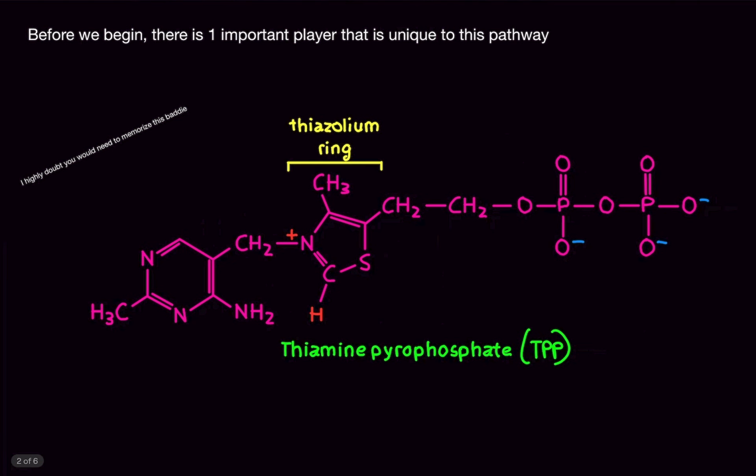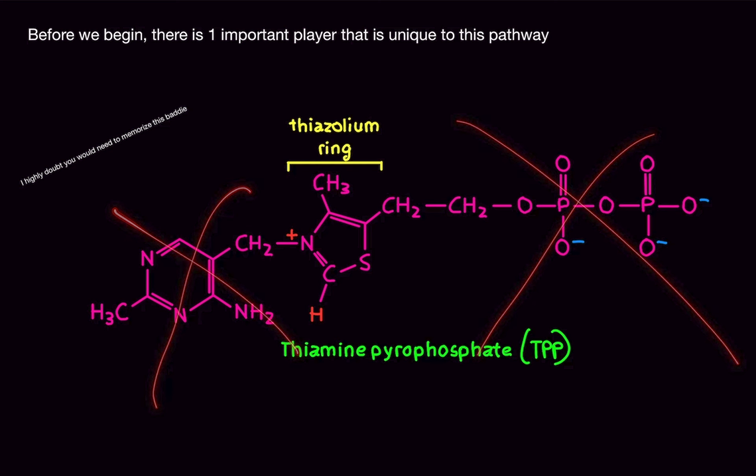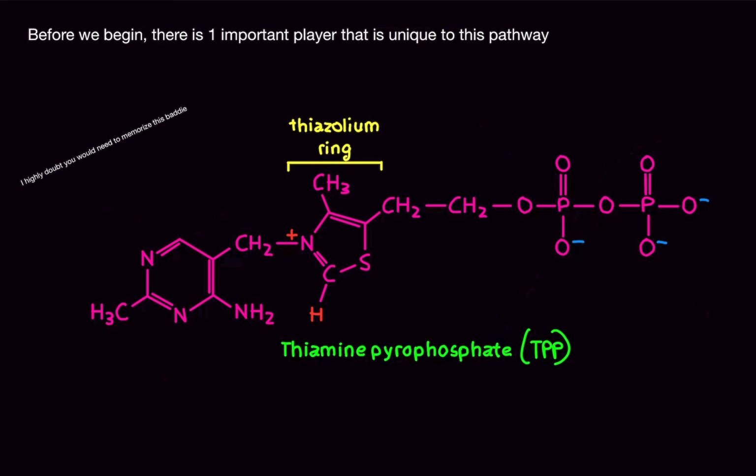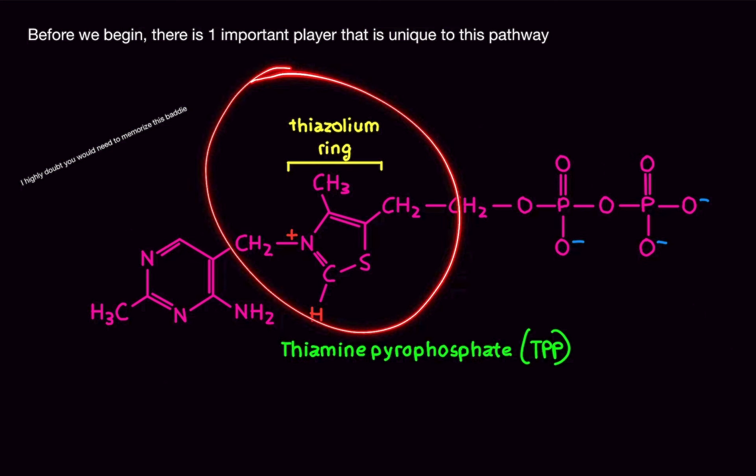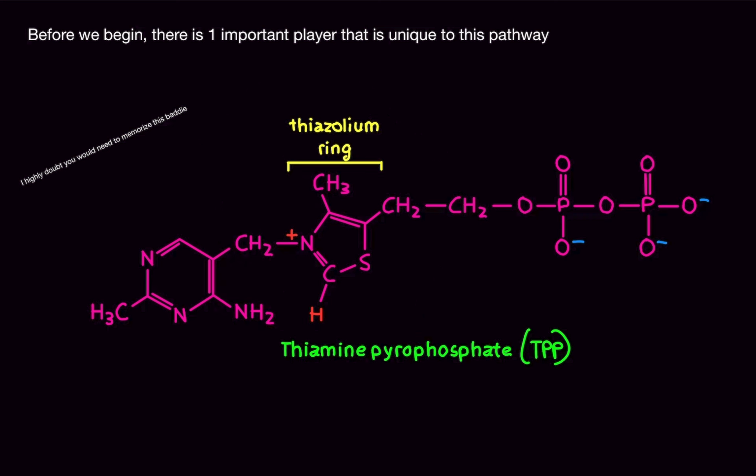Now, before we begin, there's one important player that is very unique to this pathway. This is called TPP, also known as thiamine pyrophosphate. This is a cofactor. Now, all of this is complete junk. We don't care about any of it except this thiazolium ring. That's the only important part of it.